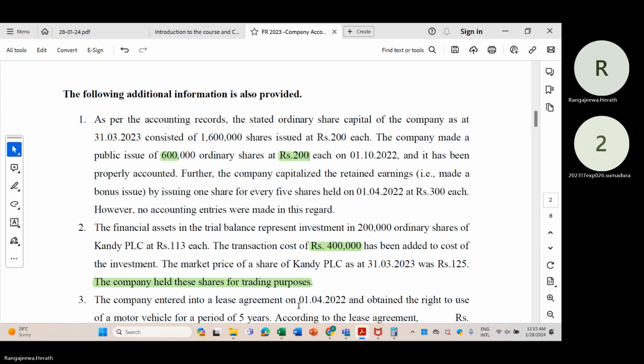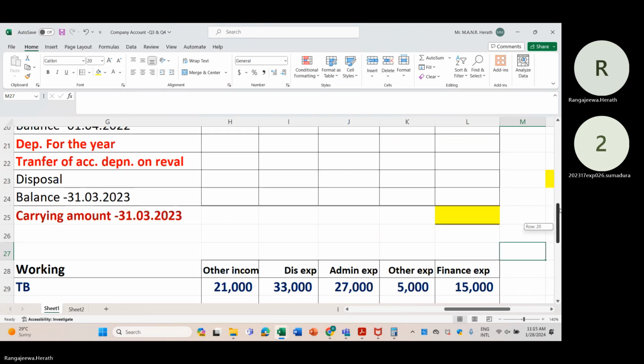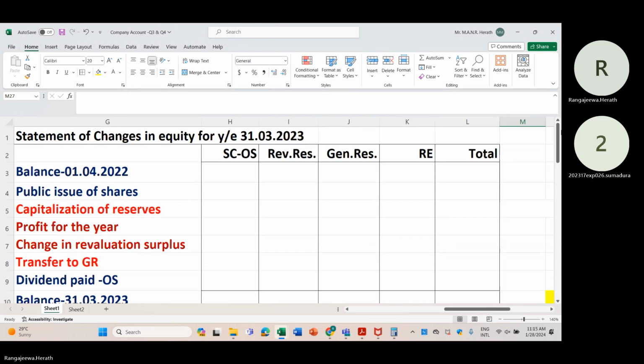Now the public issue of shares goes into the statement of changes in equity.